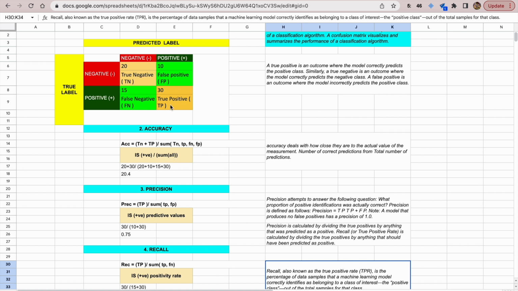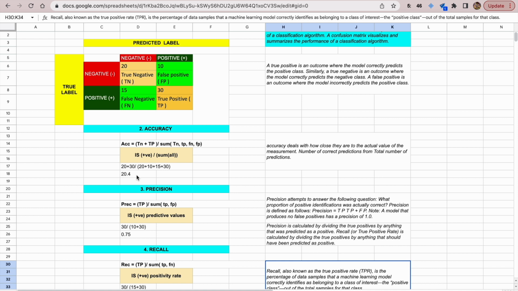The sum of all is all the values present in the confusion matrix, and the true values are the true positive and the true negative values. You can remember accuracy as the diagonal. I have calculated it using this formula by substituting the values, and you get 20.4.